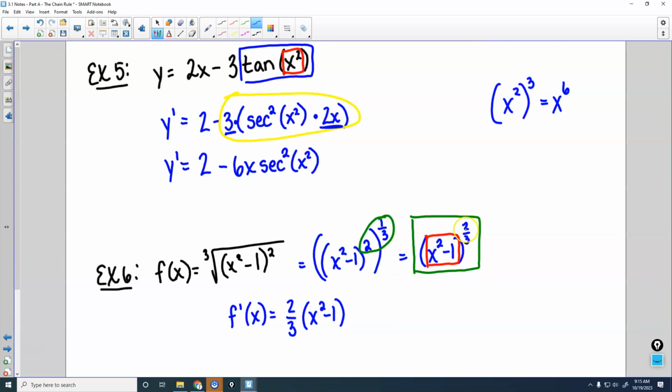What are you going to get? 2/3 minus 1 is going to be 2/3 minus 3/3, which will give you negative 1/3. Sometimes it feels like you're done when you do that, but you're not, because that was just the derivative of the outside. What's the derivative of the inside? 2x.